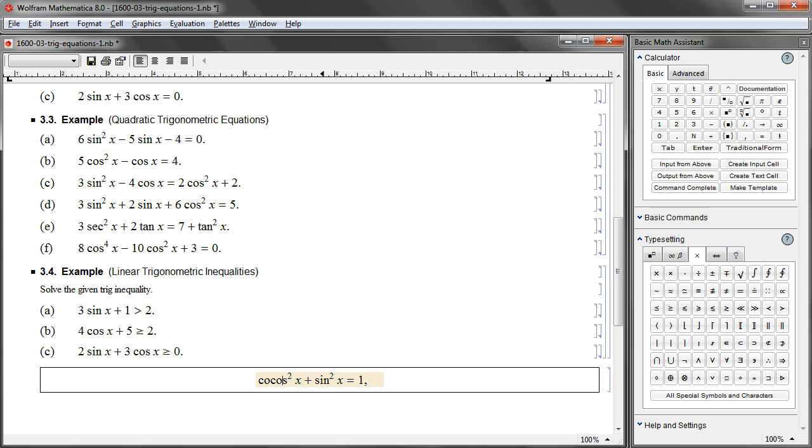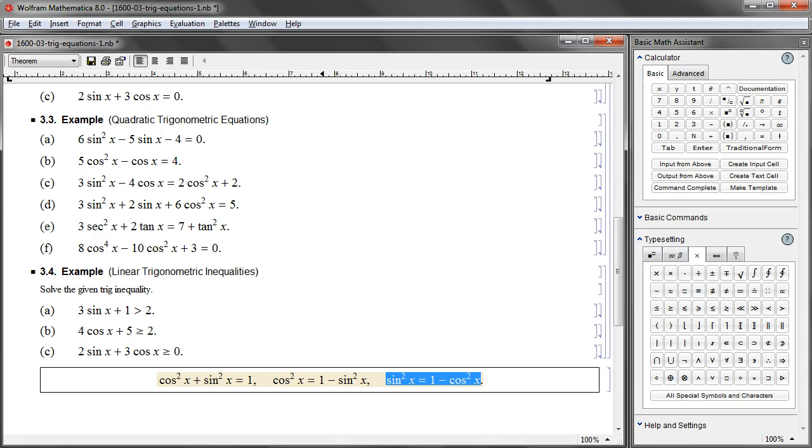Consequently, we can write cosine squared of x as 1 minus sine squared of x, or sine squared of x as 1 minus cosine squared of x. Basically what we do here is change cosine squared to sine squared, or sine squared to cosine squared.